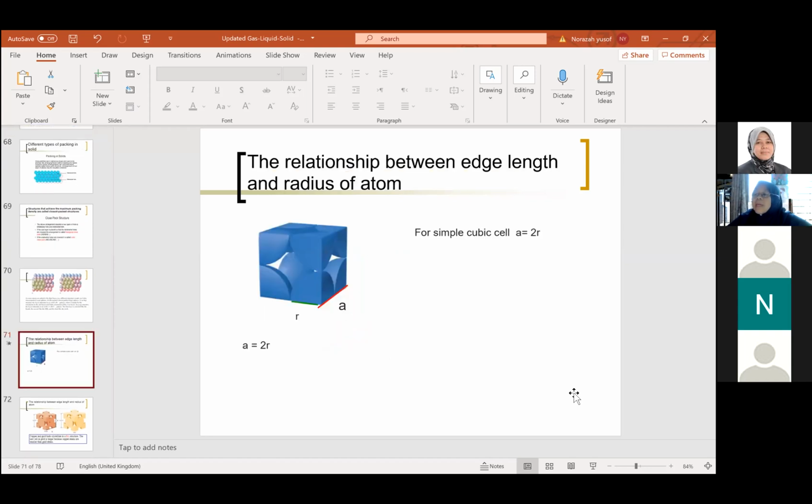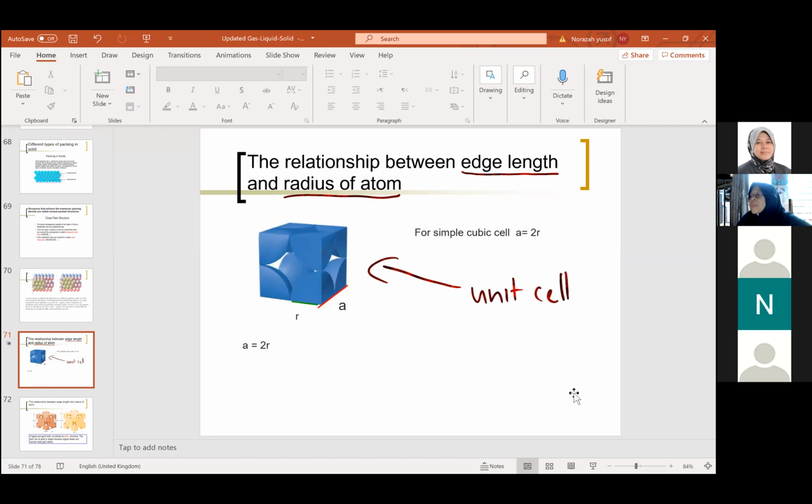And the second piece of information that is very important, and easier if you memorize it, is the relation between edge length and radius of atom for the unit cell.